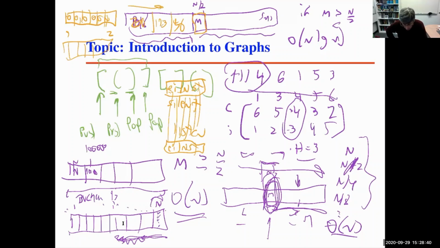What do I know when I have them sorted from biggest to smallest, and the element in the n/2 position is m, if m is less than n/2? That's the element that we're looking at in the n/2 position.